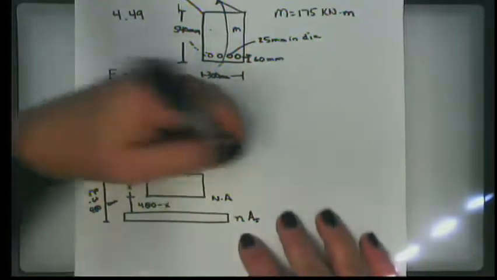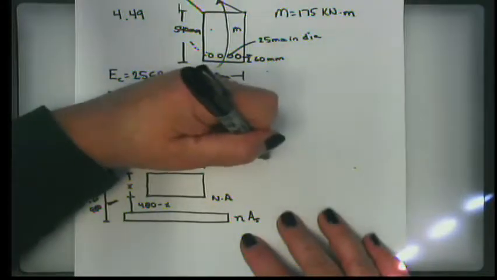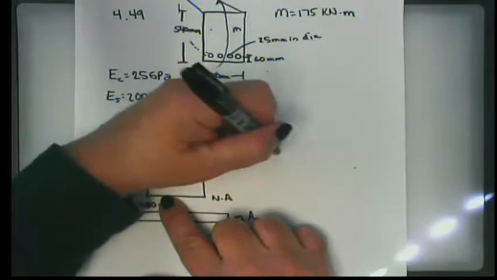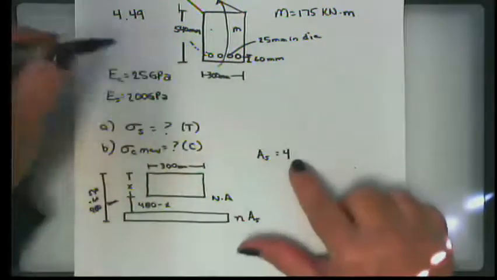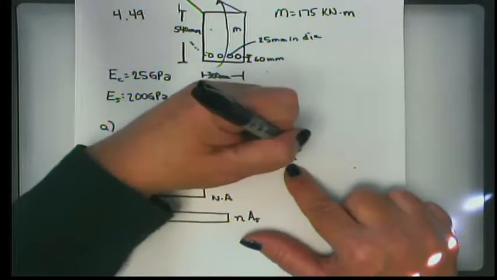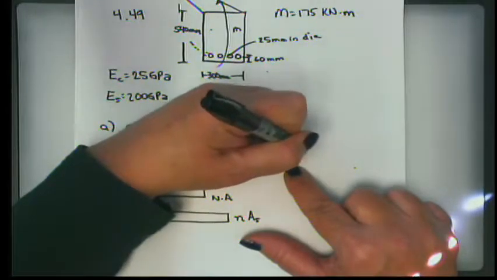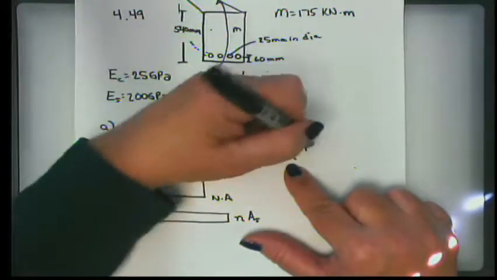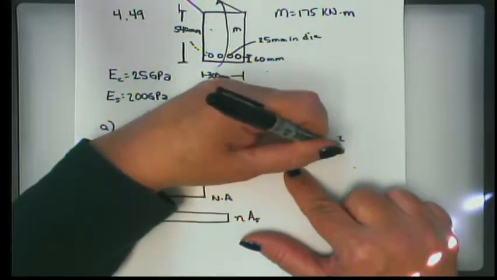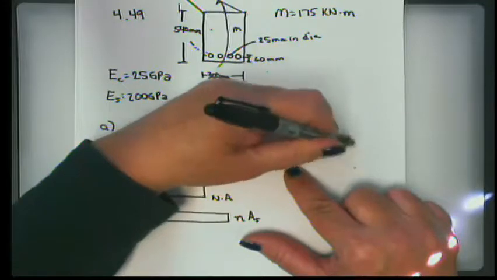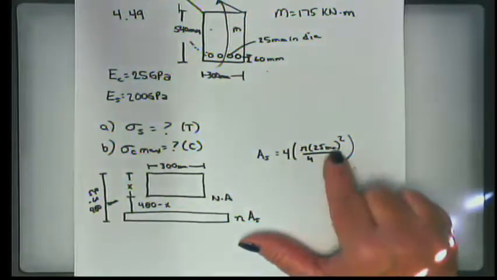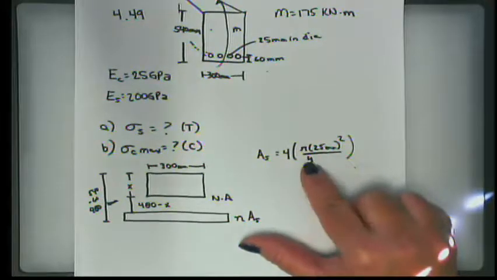The next thing that we need to do is to find the area of the steel. We have 4 bars, and each bar, because it's circular, has a cross-sectional area of pi d squared over 4, where d is 25 millimeters. Make sure I've got everything squared correctly. Yep.